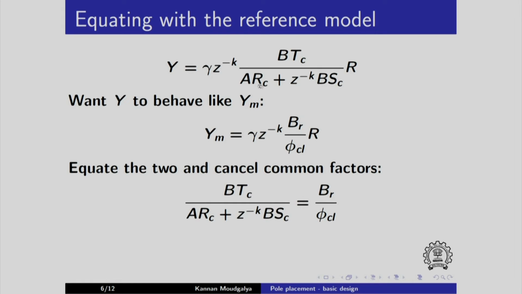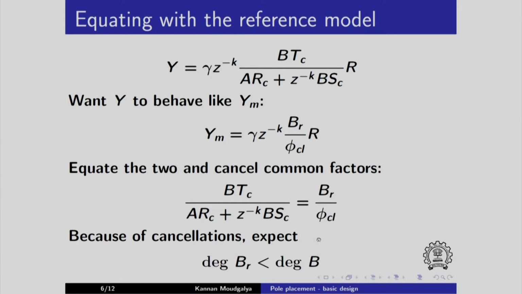So we equate this transfer function here and here, and we get this expression. We expect some cancellations between numerator and denominator. So as a result, we expect the degree of BR to be less than the degree of B. That is one reason why we have written it as BR. You can think of this R as reduced as well.